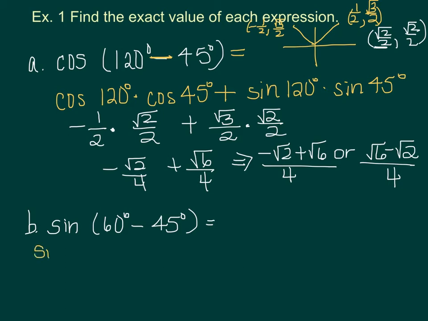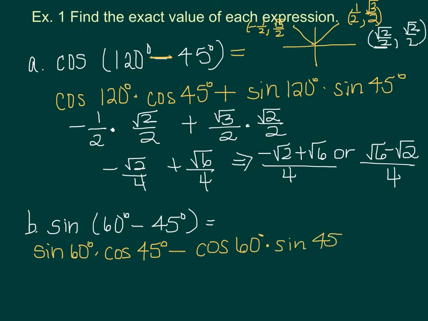You do sine of the first angle times cosine of the second angle. And you don't change the sign, so it's still minus. Cosine of the first angle times sine of the second angle. So everything is flip-flop with sine.